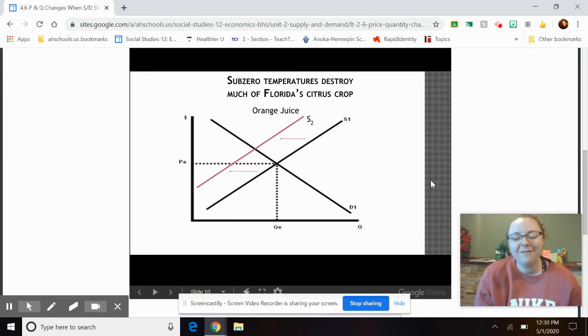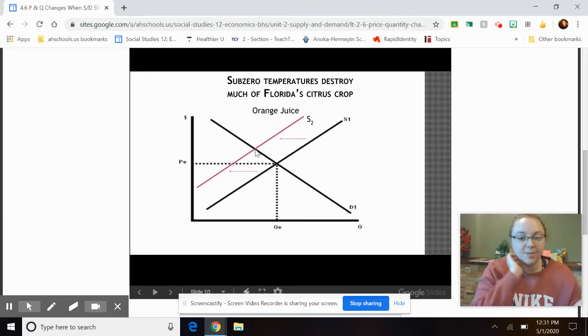Remember, when you graph it, make sure that you are labeling, okay? So when it shifts to the left, what happens to price, the equilibrium price, and what happens to equilibrium quantity? So just look at the graph really quick and look at the spot that already has the dotted lines going towards it. Where is the new dot going to be? If you said right here, you're correct.